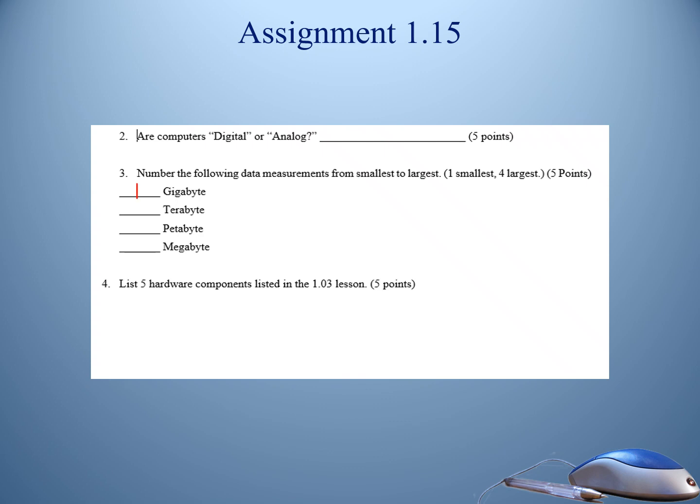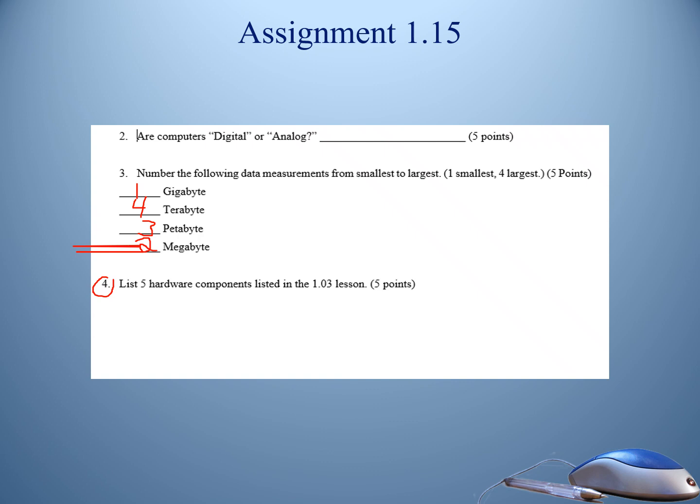If megabyte was the second smallest, we would put a 2. I don't know what those extra lines are for. If a petabyte was the next smallest, really bigger, we'd put a 3 and then a 4. Whatever the order would be. I'm just not giving away answers. So 1 is the smallest, 4 is the largest. Okay.